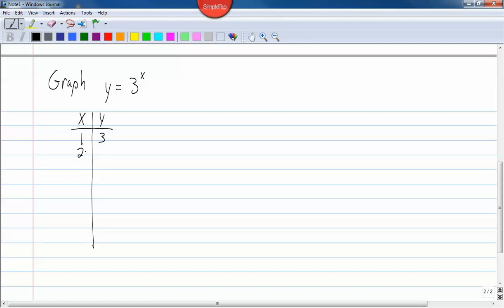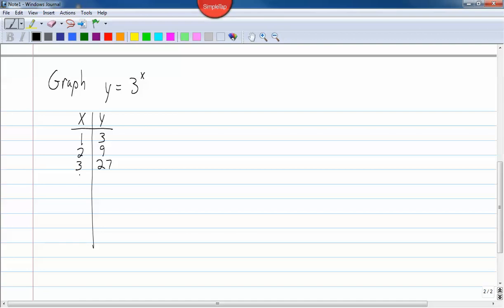If I plug in x equals 2, that's 3 to the second power, or 9. If I plug in 3, that's 3 to the third power, which is 27. 3 times 3 times 3. So you can see it increases very fast. Just by plugging in x equals 3, I already have 27.